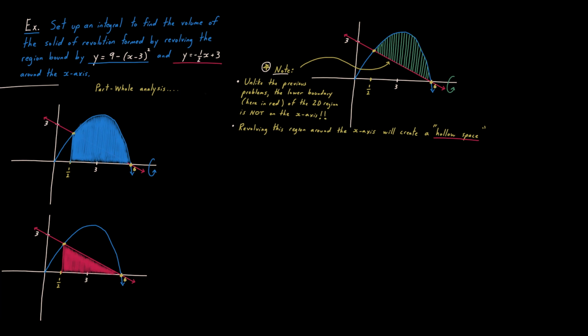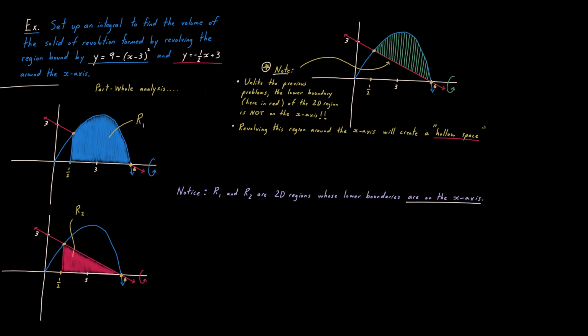If I swivel this blue 2D region around the x-axis to create a 3D solid, and I swivel this 2D region down here in red around the x-axis to create another 3D solid, and I take away from the resulting blue solid the resulting red solid, then the solid of revolution formed by revolving R1 minus the solid of revolution formed by revolving R2 is going to equal the volume of the thing I'm trying to find.